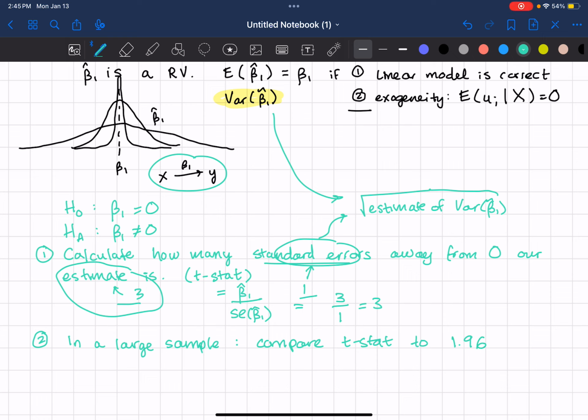If the t-stat is greater than 1.96, in absolute value, then that means you can reject the null hypothesis at the 5% level. So if the absolute value of the t-stat is greater than 1.96, we can reject the null at the 5% significance level.